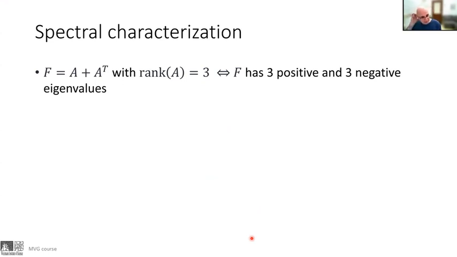The last part for understanding the consistency is the following. What we showed is that F is equal to A plus A transpose with rank A equals 3 and the rank of F is 6. I'm claiming that this is equivalent to saying that F will have 3 positive and 3 negative eigenvalues.